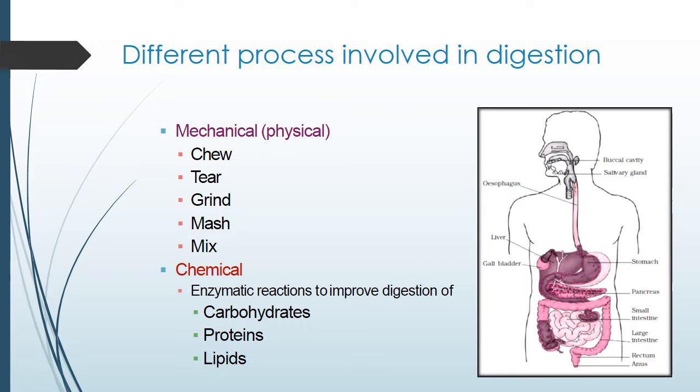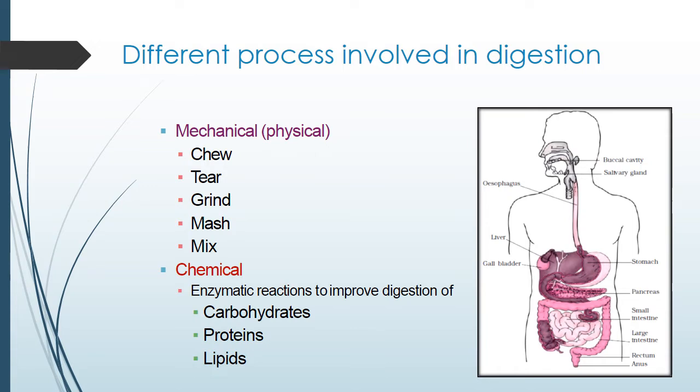Yes, you rightly guessed, it is through your teeth, the lips and the tongue. Very good. Now, there is a chemical part also. The chemical part involves enzymatic reaction to improve digestion of carbohydrates, proteins and lipids. There are different organs doing specific functions.